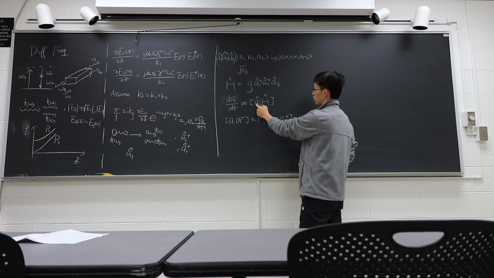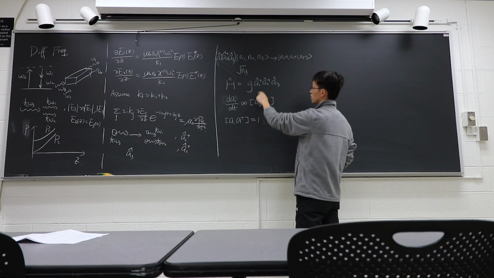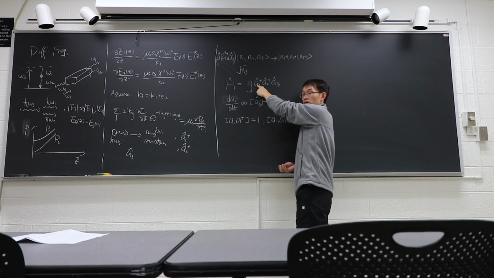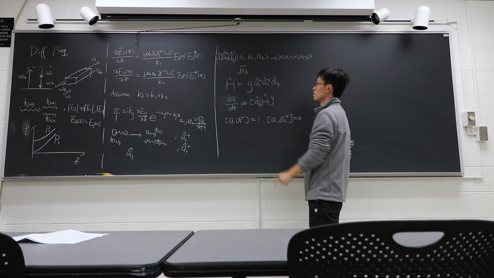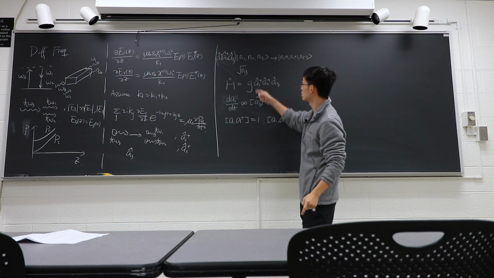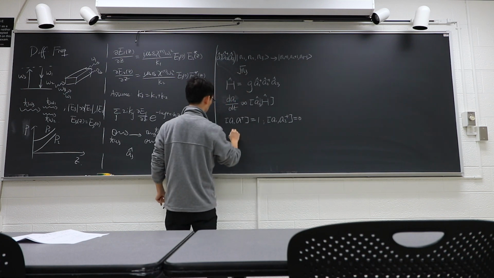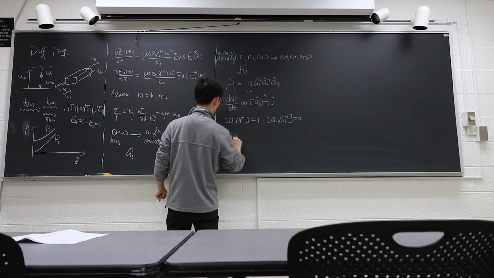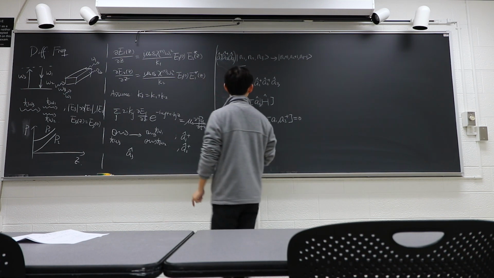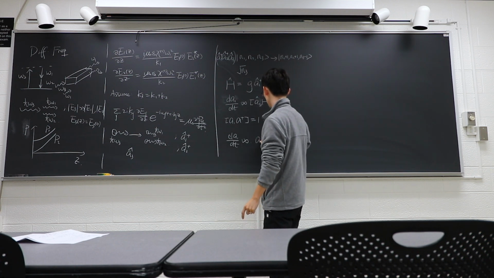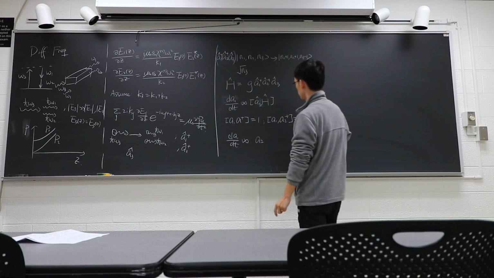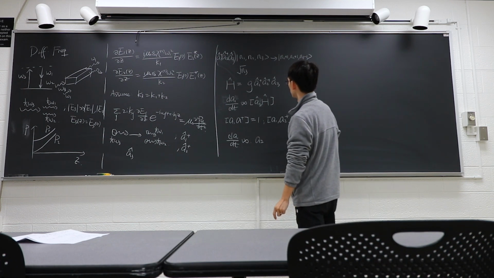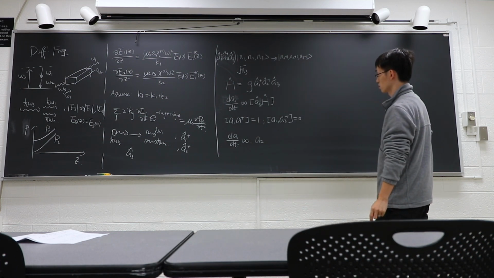When you do this calculation, the only thing that matters is A1 with A1 dagger, and then you know the result is the number. So what will happen if you do this calculation?